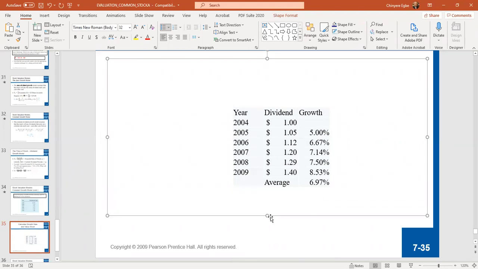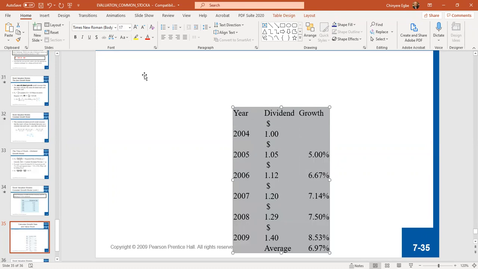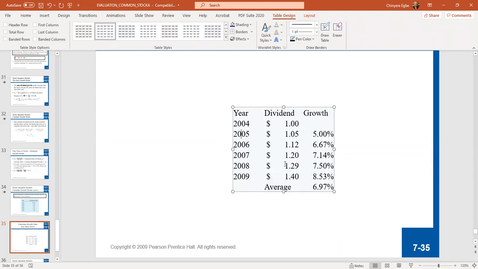So we're going to use an average growth rate of 6.97.